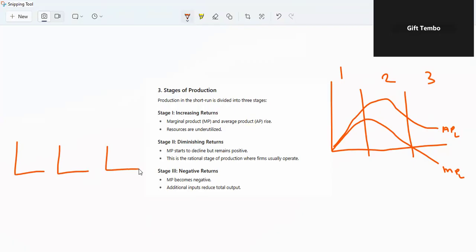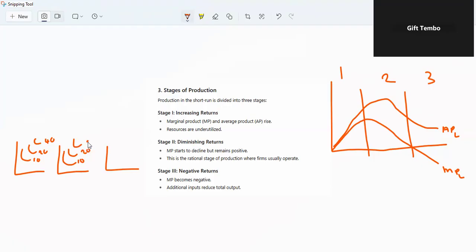So increasing returns to scale, your output would be doubling. For instance, this is 10, 20, 30, or 40. It's doubling. So this is increasing returns to scale. Decreasing returns to scale can be increasing but at a reducing pace. So this is 10, this is 20, this is 25.